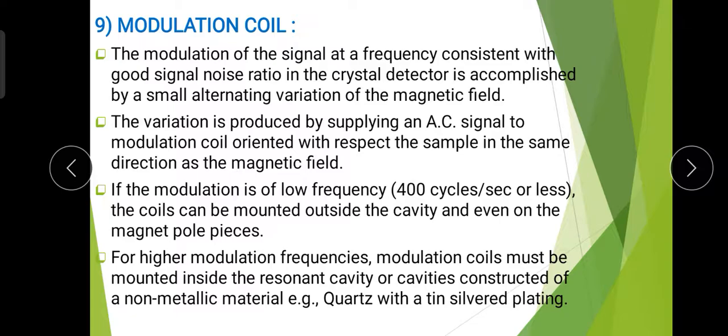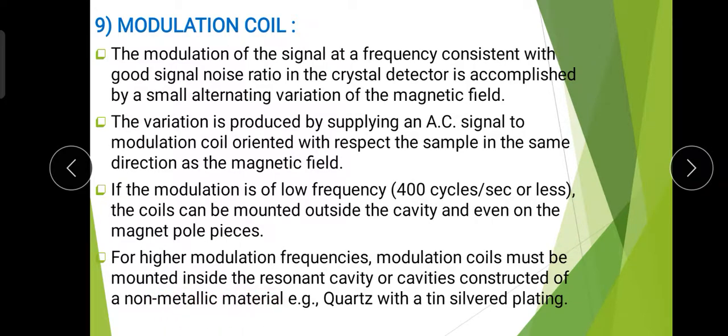So for the low frequency there is no more effect on the magnetic field, but when we have to generate the higher modulation frequency, then we are not able to put the coils outside the cavity. Instead we have to put the coils inside the cavity, so that we get the maximum magnetic field for the higher modulation frequency. That is, for higher modulation frequencies, modulation coils must be mounted inside the resonant cavity or cavities constructed of non-metallic material.